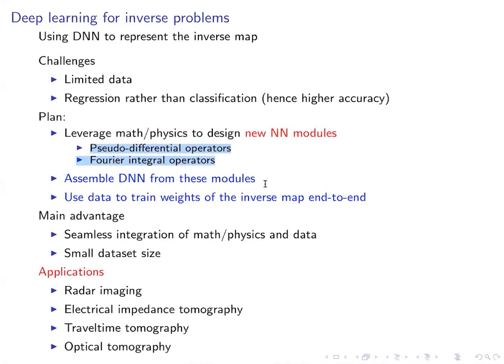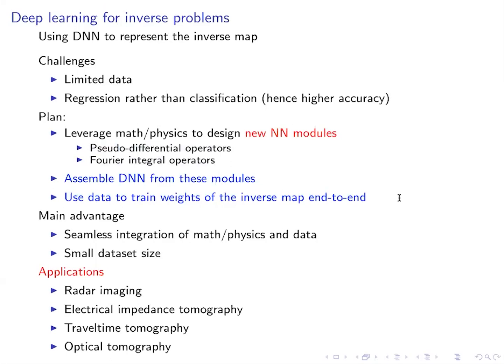Once we have these new modules, we're going to assemble them together in the appropriate way to solve a specific, given inverse problem task. Okay, and finally, we're going to use our limited amount of data to train the weights of the neural network we just built, and hopefully they're going to produce good results. They're going to represent the inverse map accurately.